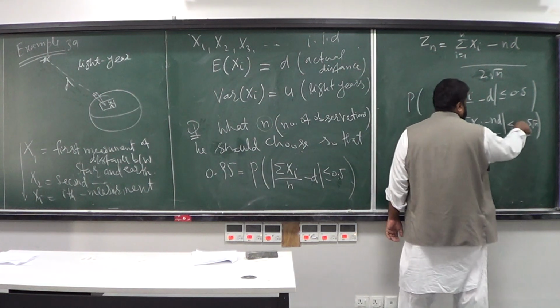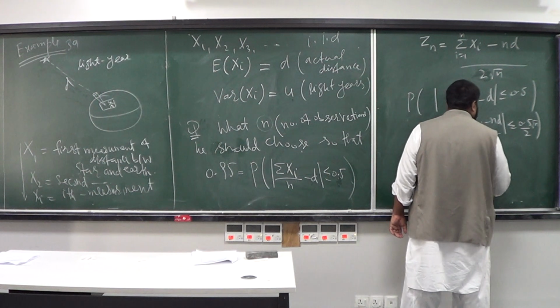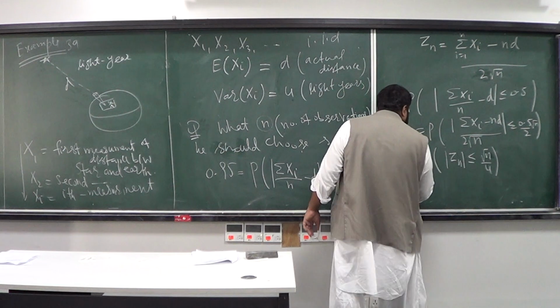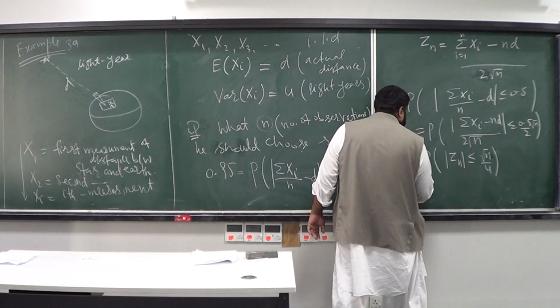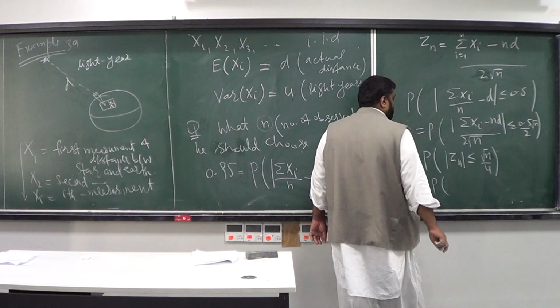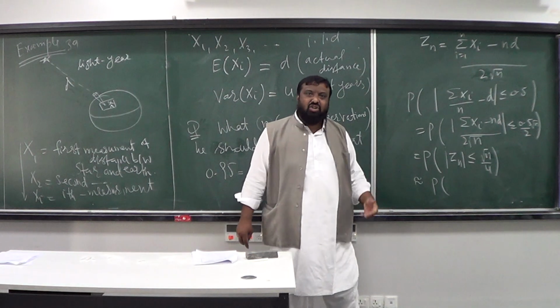So now I can say that this is the absolute value of Zn, and this is less than or equal to one half of the square root of n by 4.5... I can approximate this probability by treating this Zn as the standard normal random variable.